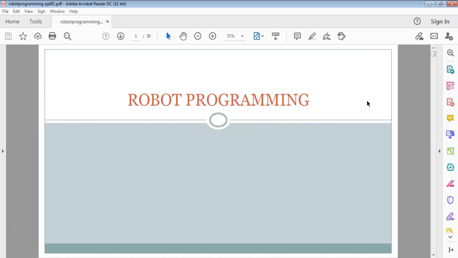Okay. So after that, the next important topic is robot programming. Up to trajectory planning, you learned about the design of the industrial robot, physically and analytically, using kinematics and dynamics concepts and trajectory planning.